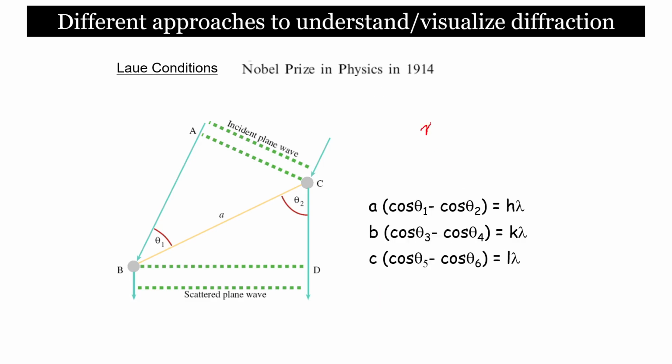which is given by n lambda. I guess I'll have that in some next slides. This you all must know, n lambda is equal to 2d sin theta.